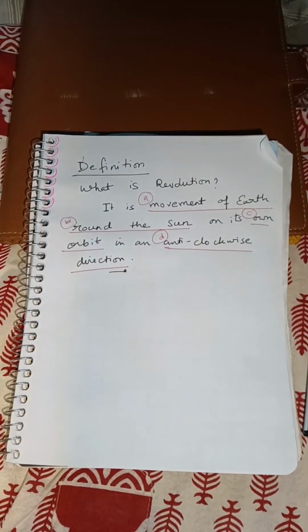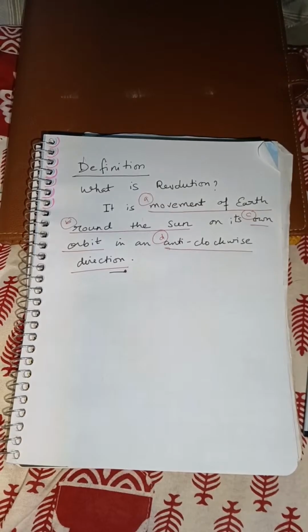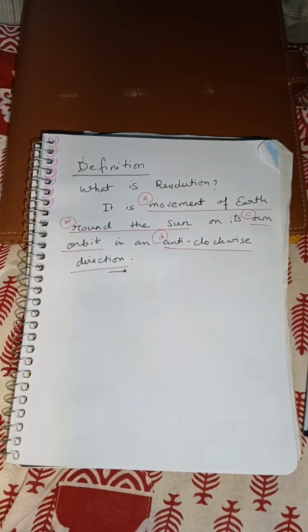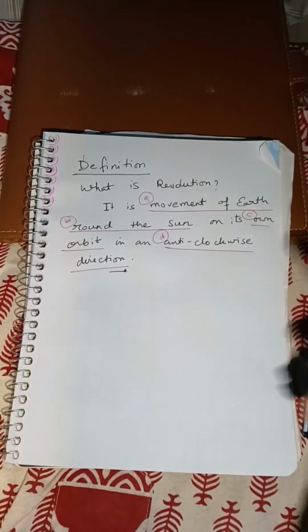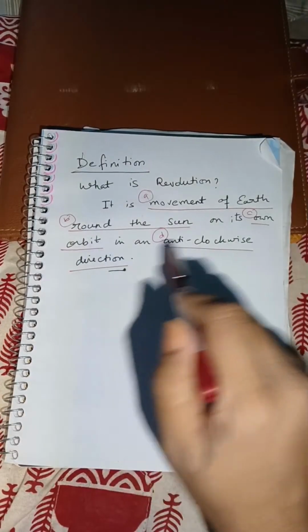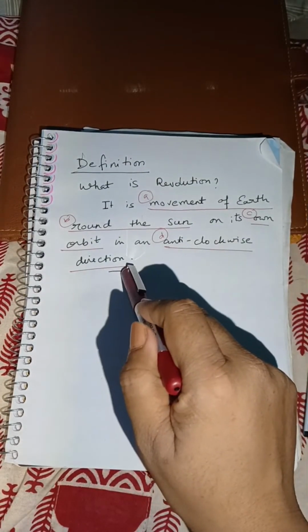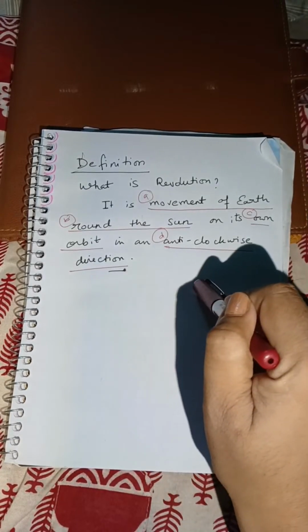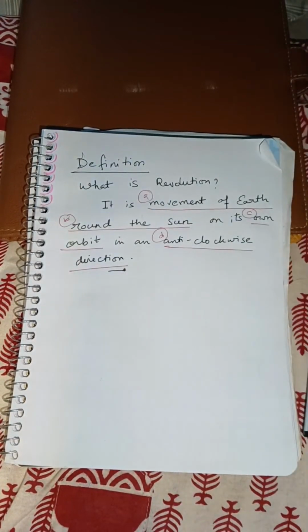So from the definition of revolution, we can see that there are four distinct features: movement of the earth round the sun on its own orbit in an anti-clockwise direction. If you can remember these four points, you can put them into a sentence and your definition is complete.